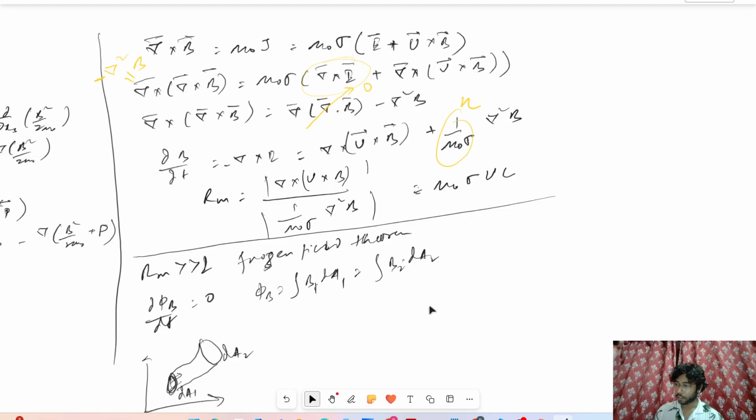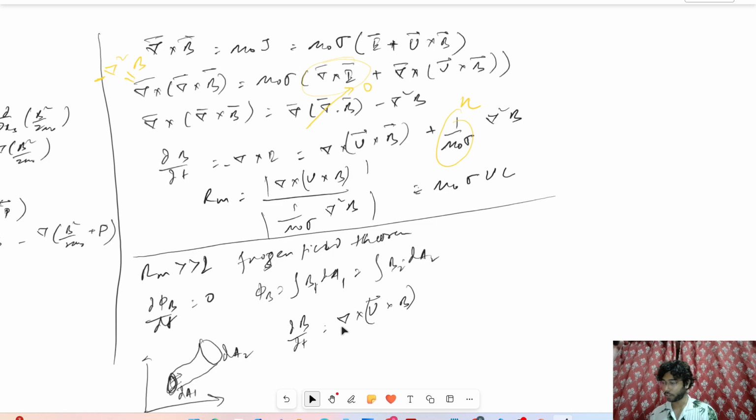So this is the frozen field theorem. In this case, the equation del B del T would just be del cross U cross B.